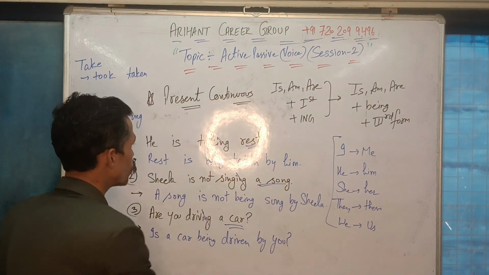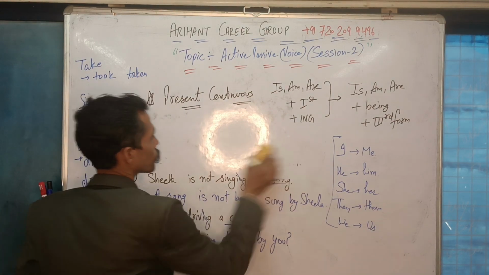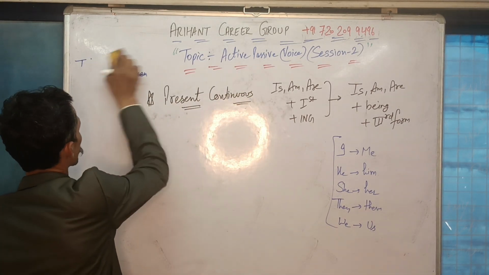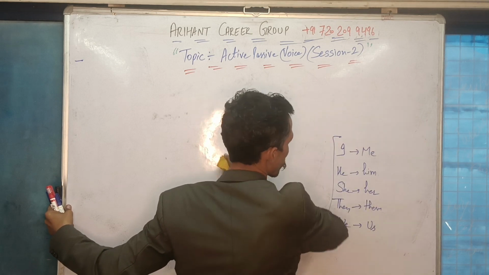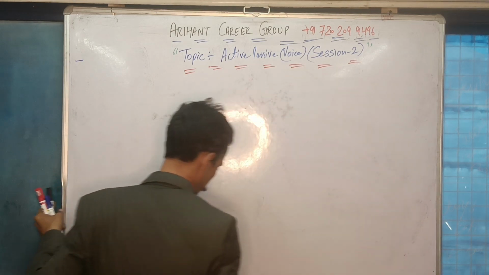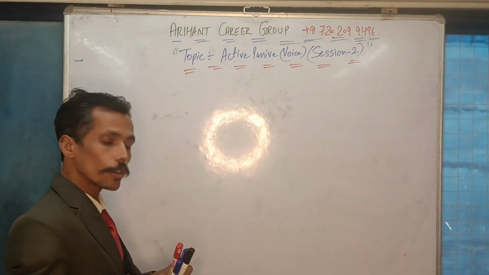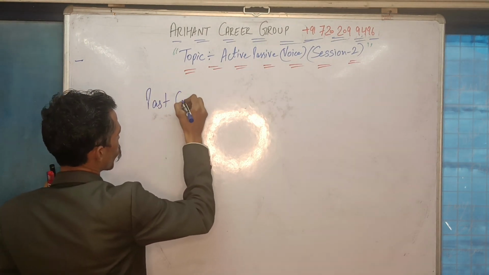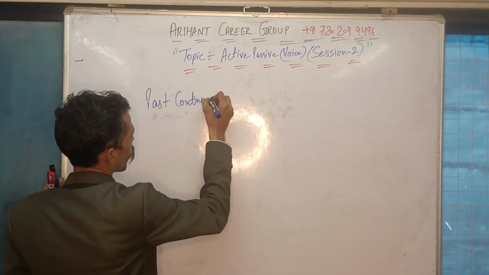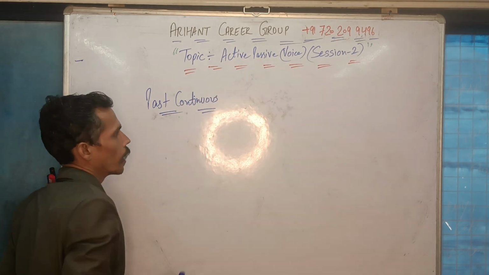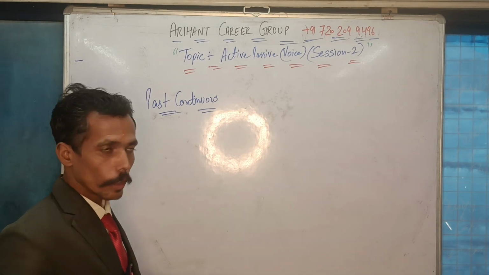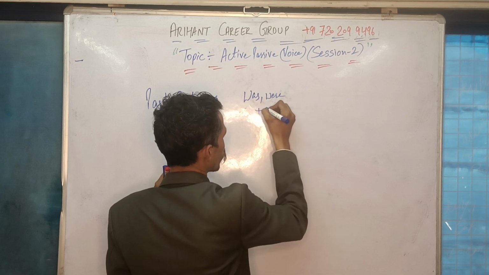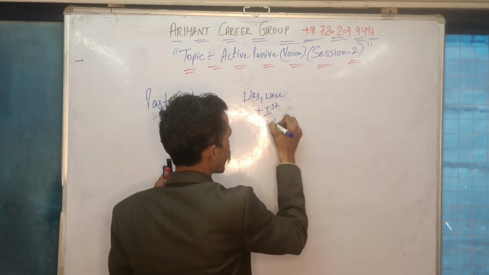Okay, so the next rule that I want to discuss with you is past continuous. In case of past continuous, you will be given either was or were plus first form plus ing.